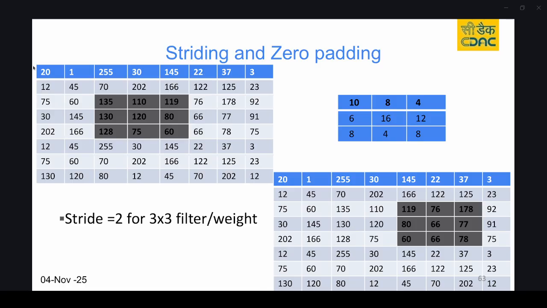This is done so that the information is not lost. If zero padding equals 1, it means on all four sides of the input matrix I append zeros, and that will be provided as input for the convolution operation.